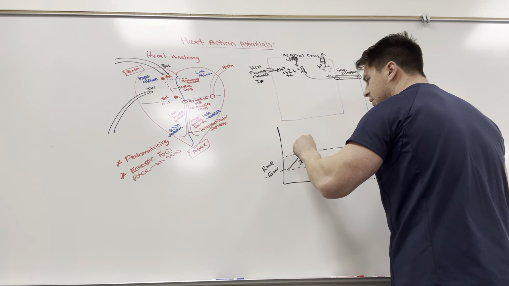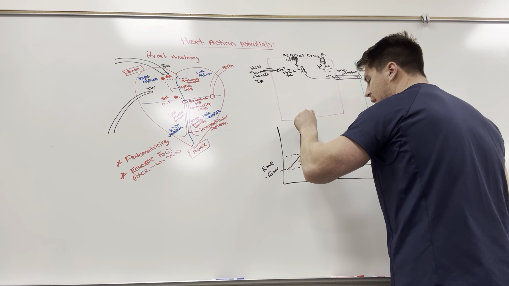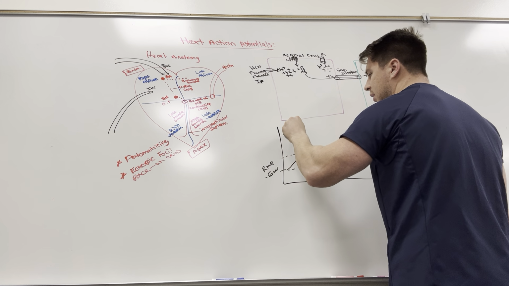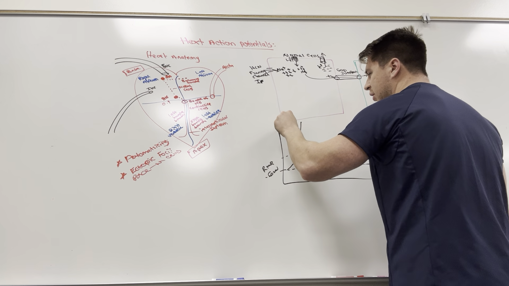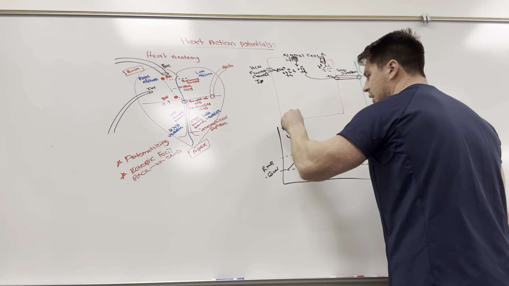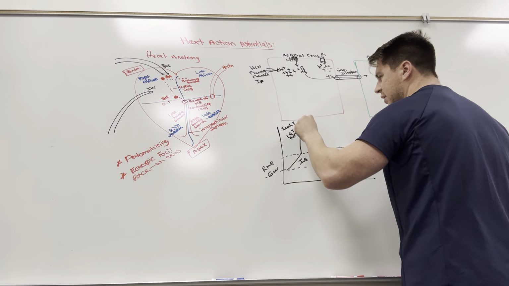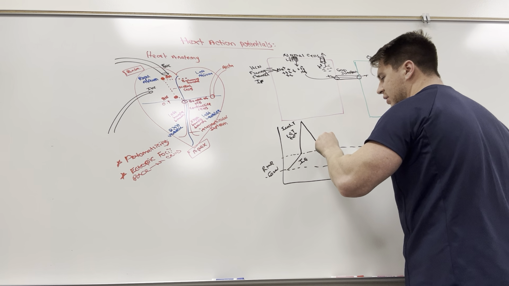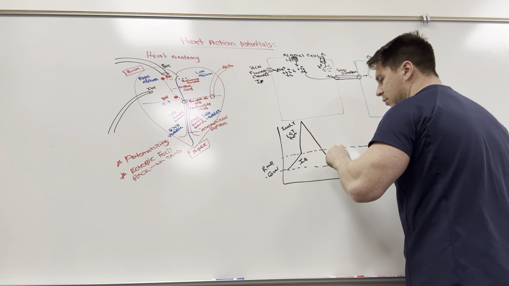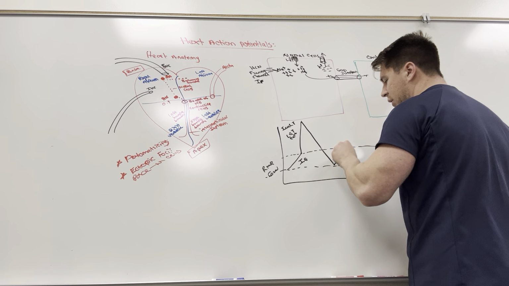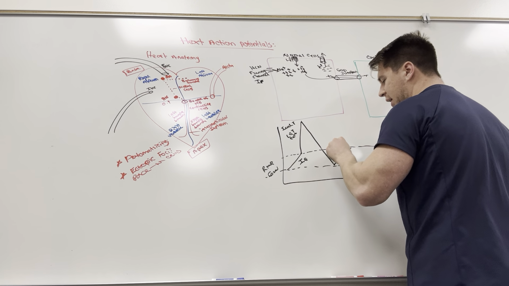That opens up those calcium channels, so we shoot straight up. Those are our L and T calcium channels, which I believe are called ICaL and ICaT on the graph. Then we have repolarization back down to resting membrane potential, and then we'll kick right back up on the second go around.